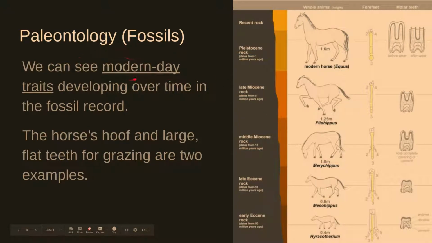So paleontology, looking at fossils, we can see modern day traits developing over time in the fossil record. Now, we're going to look at the horse here in a second. But real quick, remember whenever you watched that video about human evolution, one of the things that was mentioned there was that there are large gaps in the fossil record because the creation of fossils is sort of a hit and miss process.